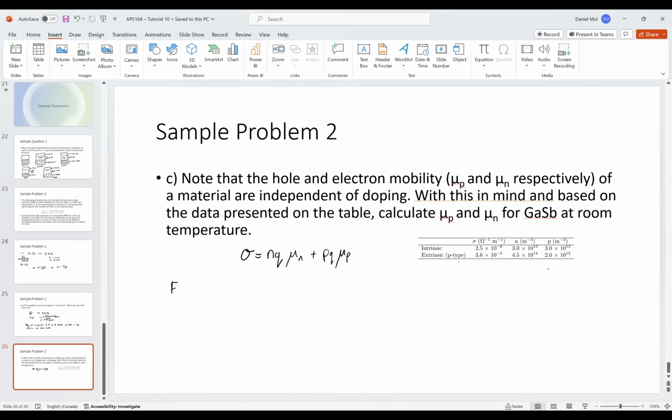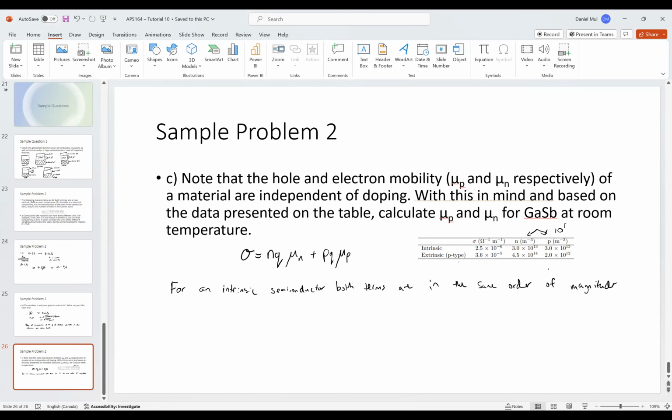So for an intrinsic semiconductor, both terms are in the same order of magnitude. We see that here and here.